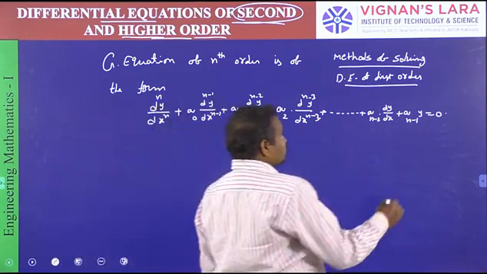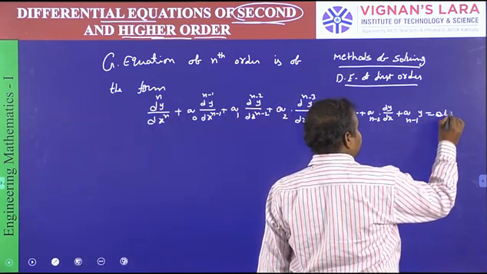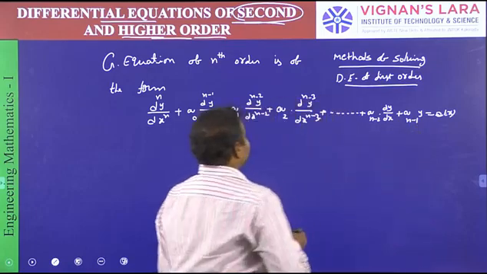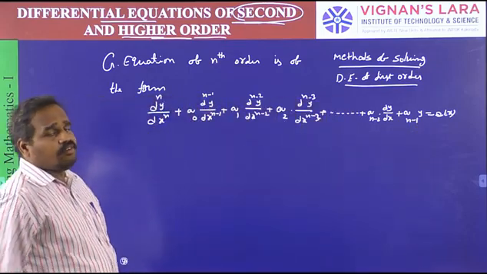Not 0, this is some function, let it be q of x, because here x is an independent variable.